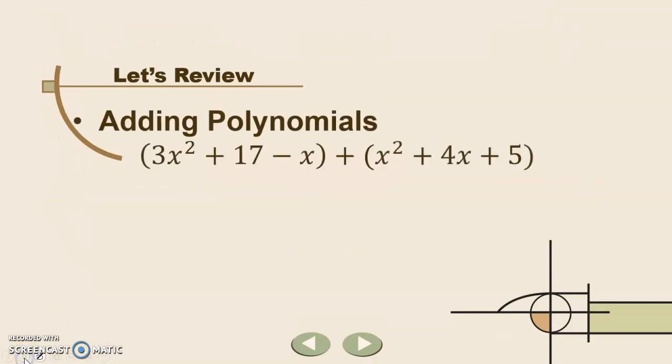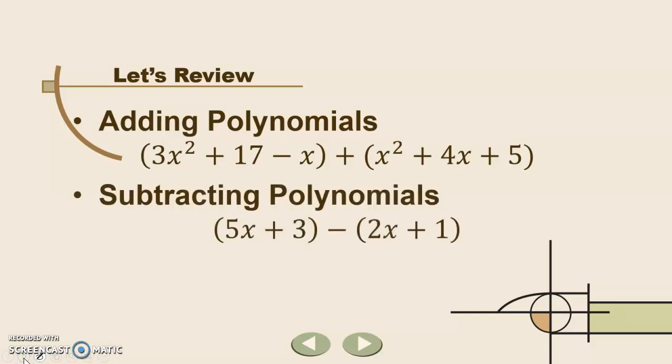All right, back to some review. Hopefully you remember how to add polynomials and how to subtract those polynomials. When we're adding and subtracting polynomials, we're just going to combine our like terms. So here we can combine 3x squared and x squared. We can combine negative x and positive 4x, and we can combine 17 and 5.